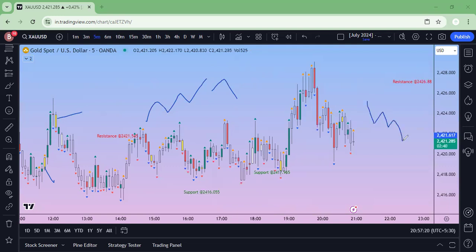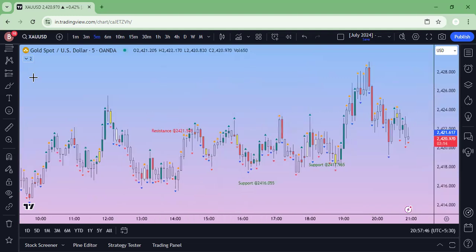If price is falling and you see a yellow candle, either price would reverse or it would continue its journey in the direction of the previous trend. You're getting my point? Yeah. So this tool is something wherein you would be on the right side.